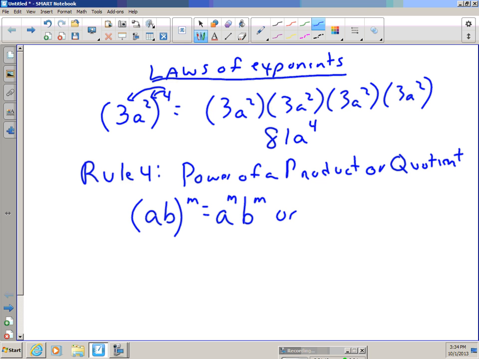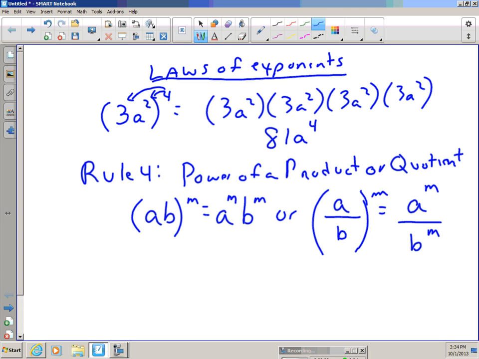Or if I have a divided by b to the m power, I'm sorry for that not so nice looking m, that it's a to the m divided by b to the m.